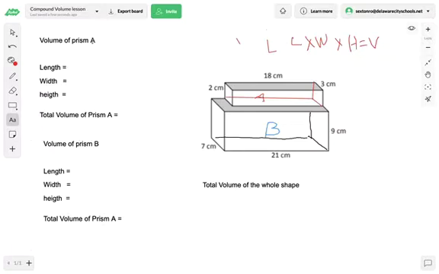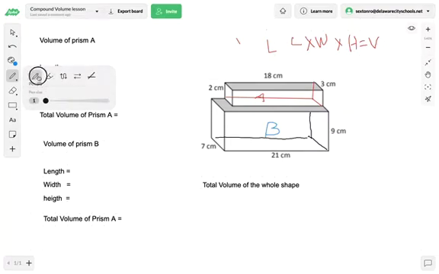Okay? So first of all, I'm looking at just the length.